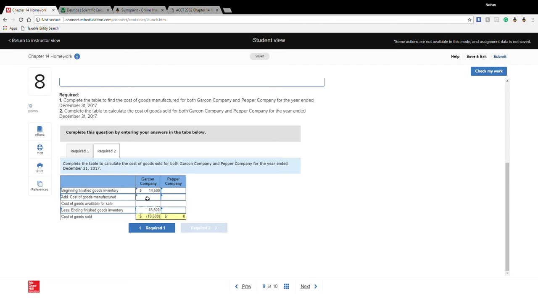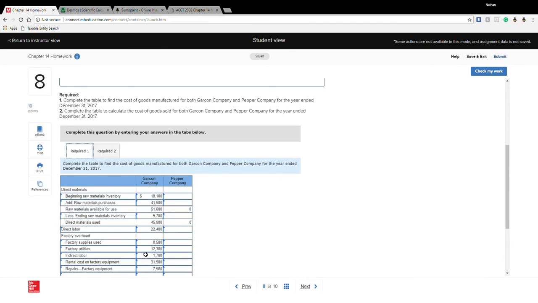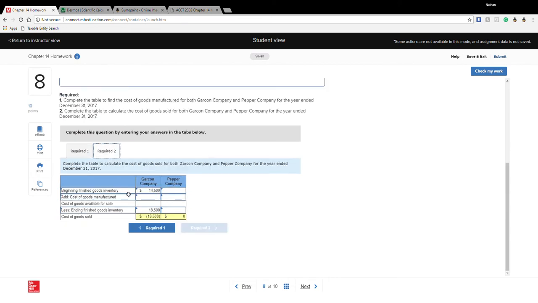And right now we don't have cost of goods manufactured up here. That's because in required 1, that's where we figured it out. So it's always good to check my work right before you go to required 2 so you know what you're doing. 121,780 gets put right here.